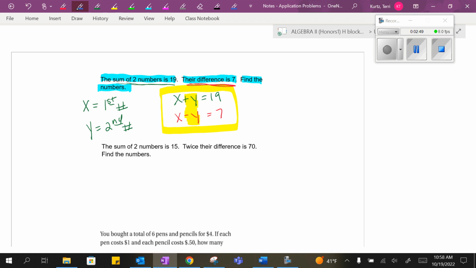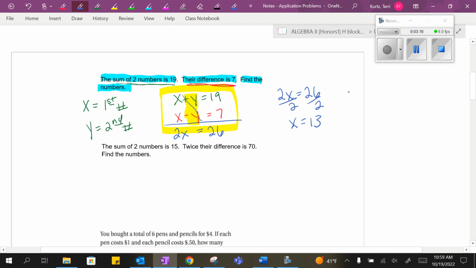So let's do that. If we add these two equations together, x plus x gives us 2x. Y minus y cancels out. 19 plus 7 equals 26. So now if we solve 2x equals 26, we divide by 2, we get x equals 13. So one of our numbers is 13.